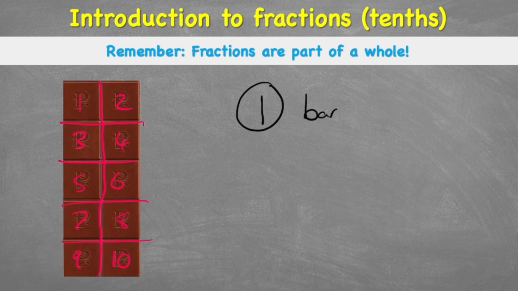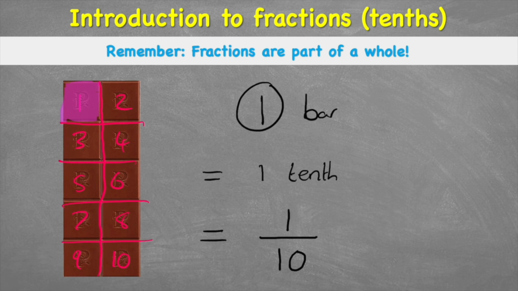So I have 10 equal pieces. So therefore, one of these pieces is worth 1/10. Or in other words, we can write it into our fractions. We split our whole into 10. So the number on the bottom would be a 10. And I have only one of them, so I have 1/10.